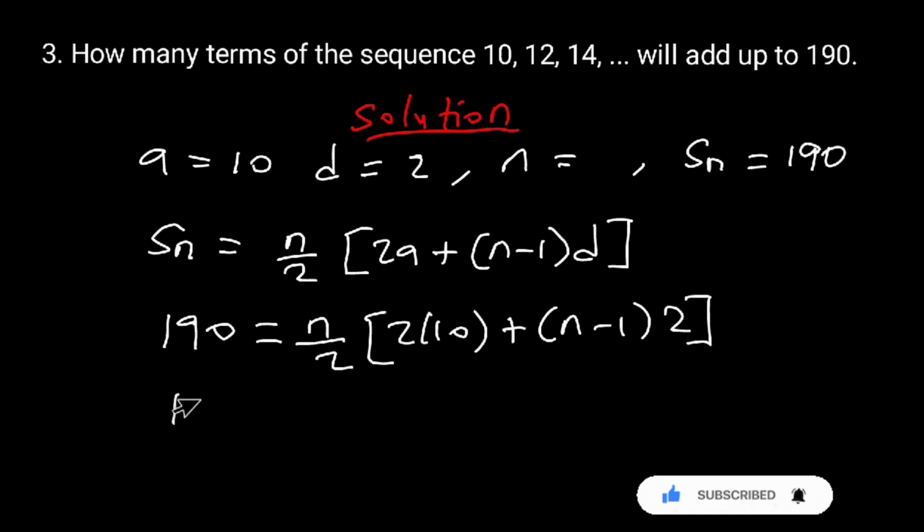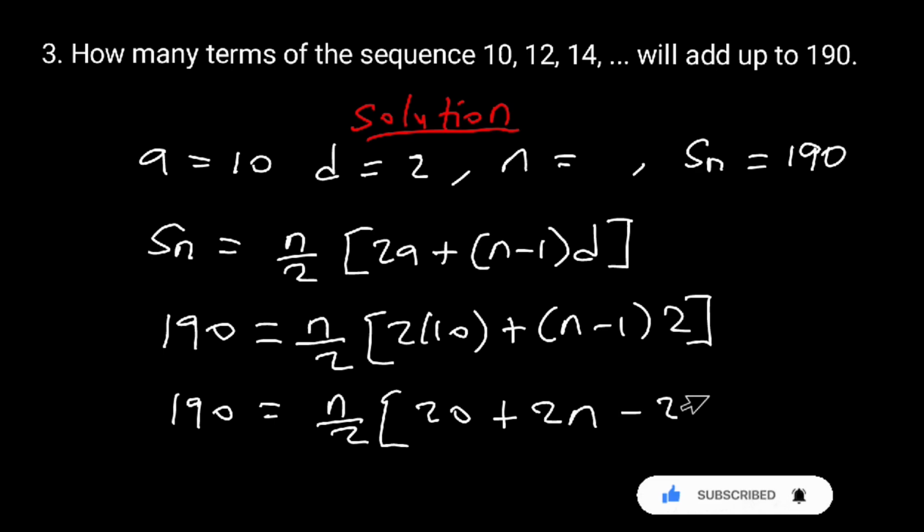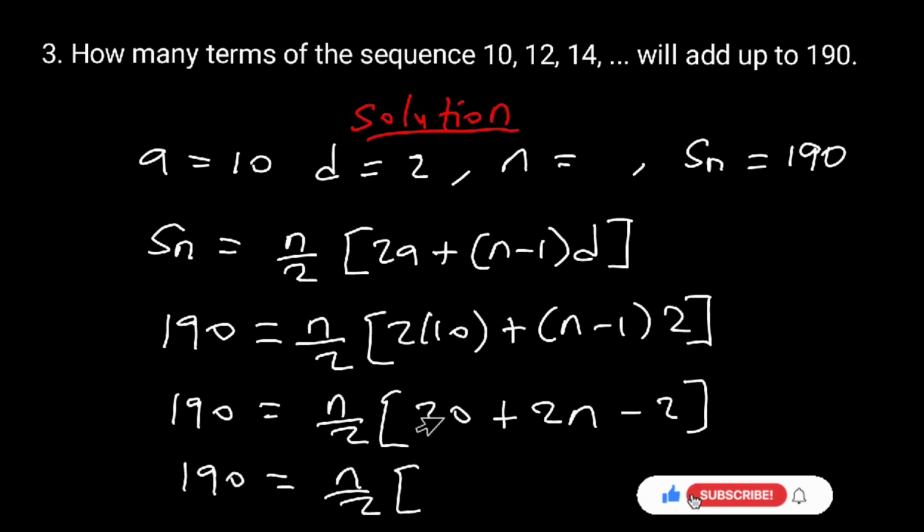So we have 190 is equal to n over 2 multiplied by 2 times 10, which is 20, plus n times 2, which is 2n, minus 1 times 2, which is minus 2. So we have that 190 is equal to n over 2 multiplied by 20 minus 2, which is 18, so I have 18 plus 2n.